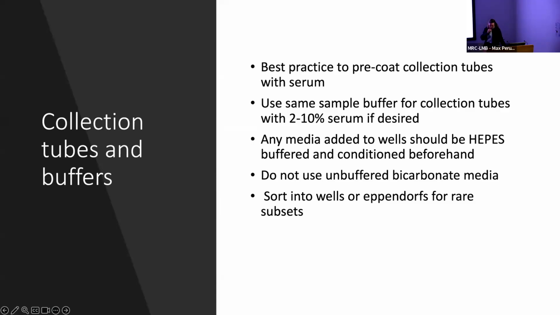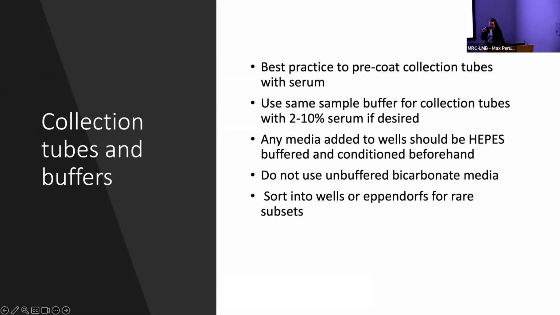And finally, we recommend polypropylene FACS tubes over polystyrene for the collection because the cells will adhere less to the walls of the tube. The other thing with polystyrene tubes is that they can result in a buildup of charge in the deflected drops on the surface.